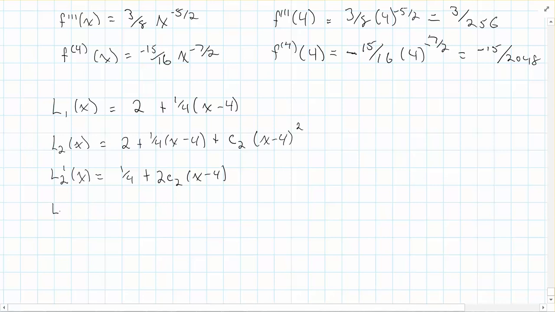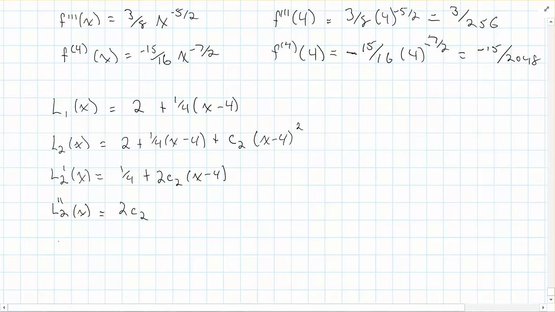And so L2 double prime at x is equal to 2C2. And remember, we wanted these derivatives to match. So we know that we want L2 double prime at x to be equal to f double prime at x.